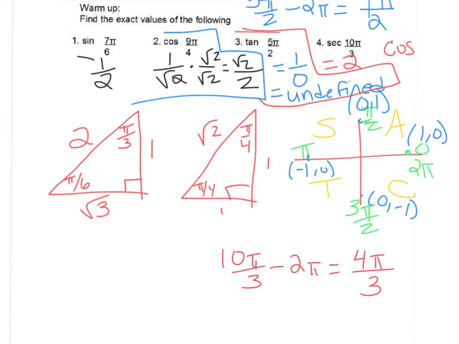So that's a little more than 1, because again, if I think of pi here as 3 over 3, 4 over 3 is a little more. It puts us down here in this quadrant. So this value is negative. Oops, I should do that in red. Negative. Okay.